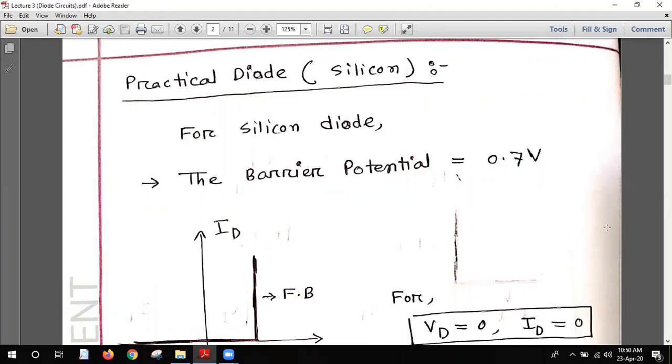And for germanium, it is 0.3 volt. But as silicon is the most used, we will discuss silicon.